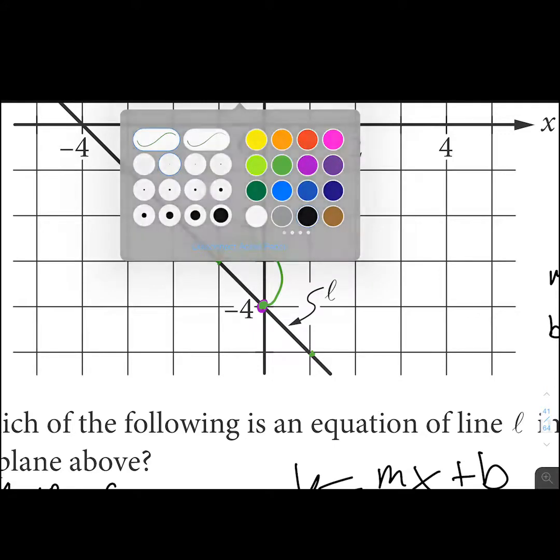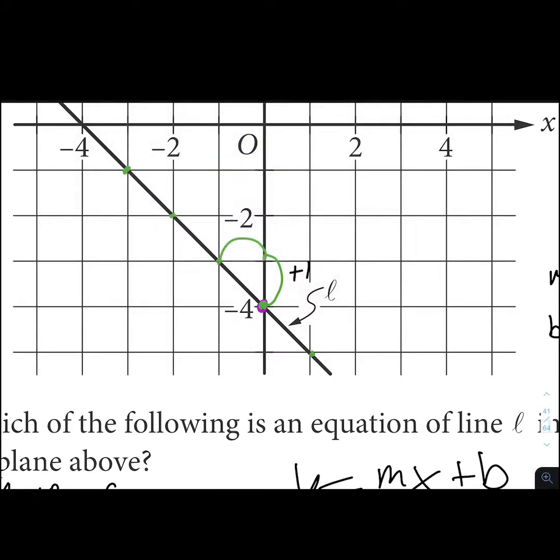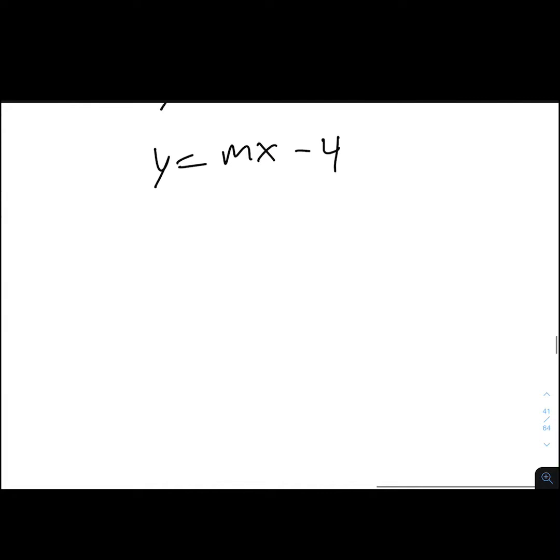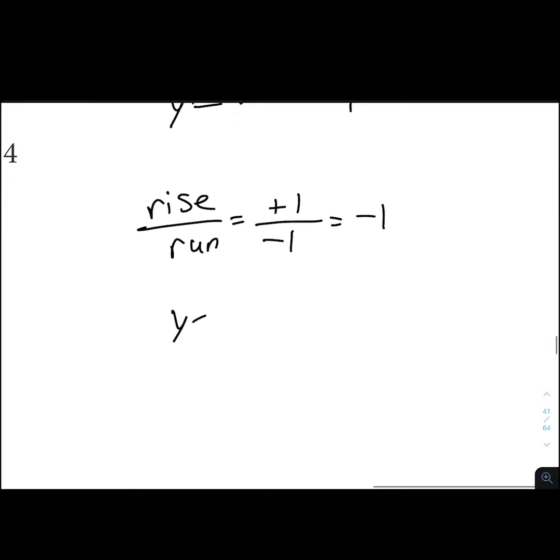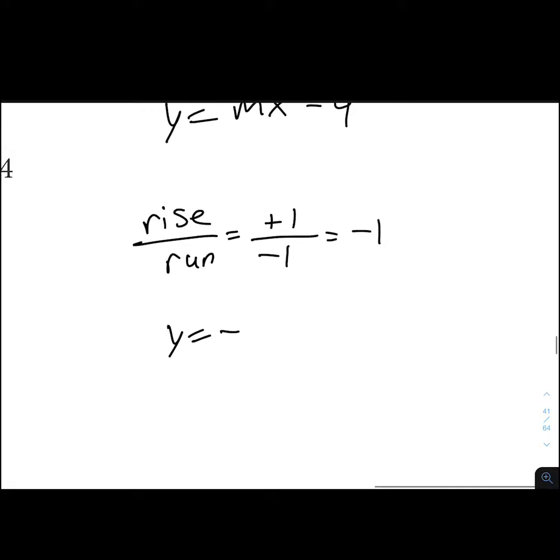Again, it's rise over run. So I would rise 1 in the positive direction and run 1 in the negative direction. But a positive over a negative is just negative. So that means my equation would be -1x minus 4.